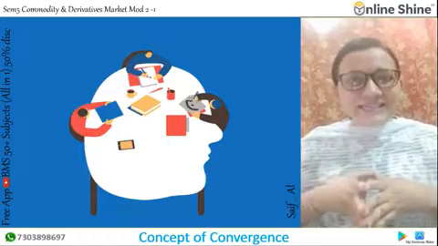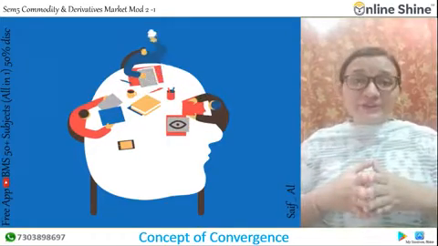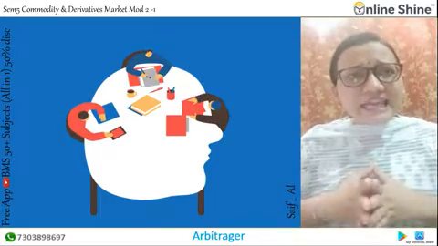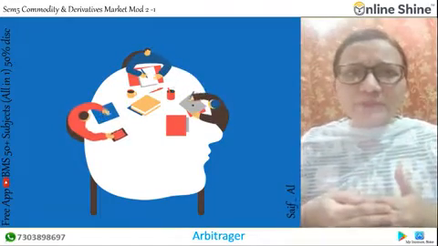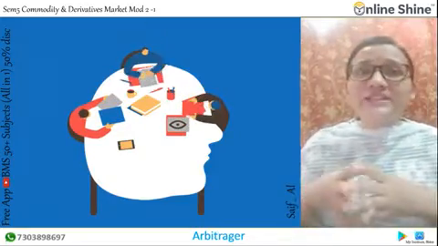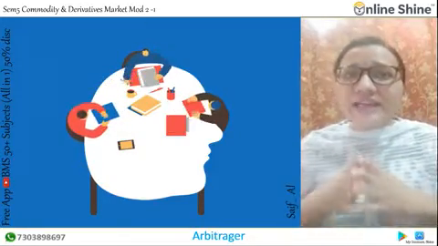Now, in the concept of convergence, the arbitrageur plays a very important role. We can say that the idea is that the spot price of the commodity should be equal to the futures price on the delivery date.